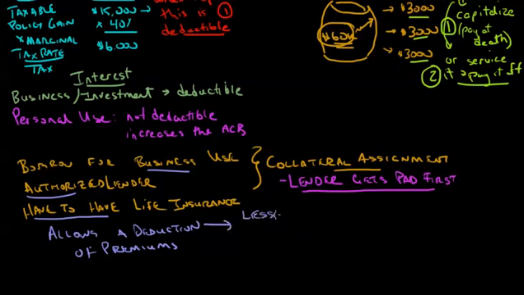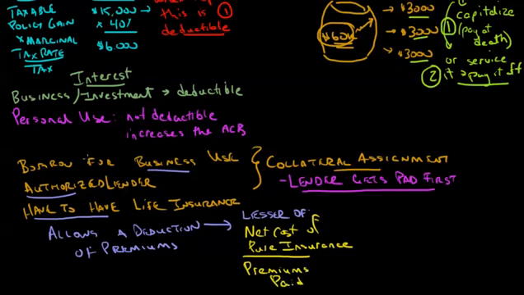It's going to be limited to the lesser of either your net cost of pure insurance, which is roughly equal to the cost of a basic term insurance policy, non-renewable, non-convertible, or the premiums actually paid.